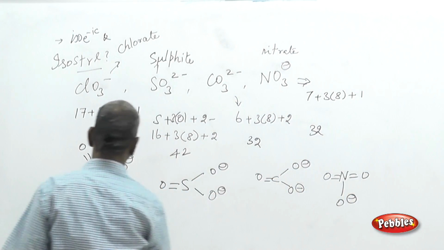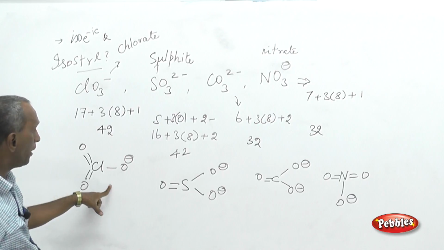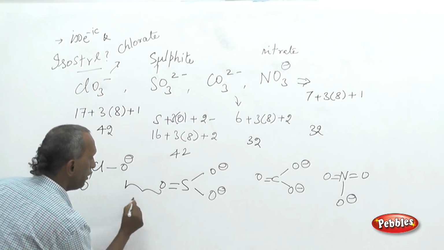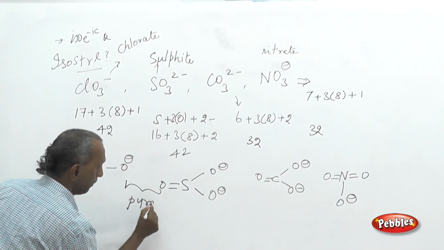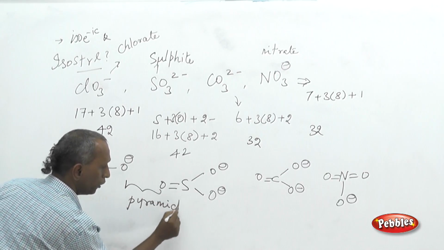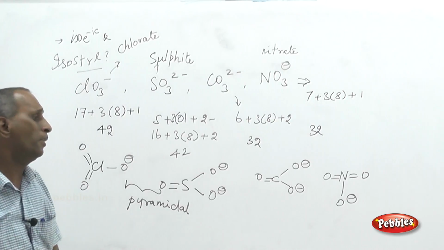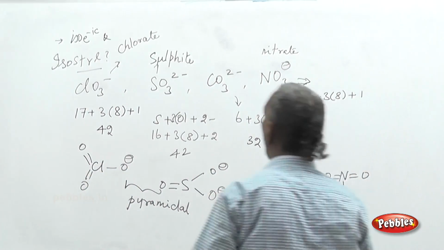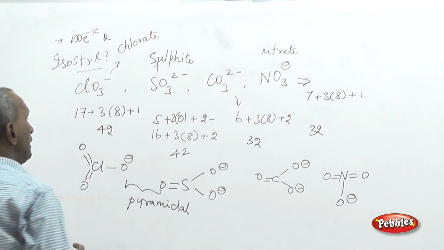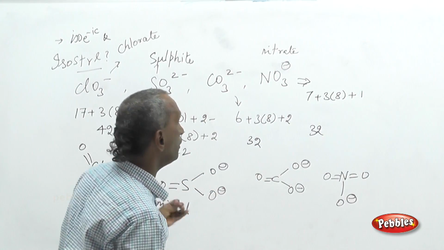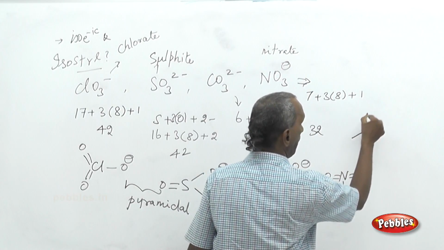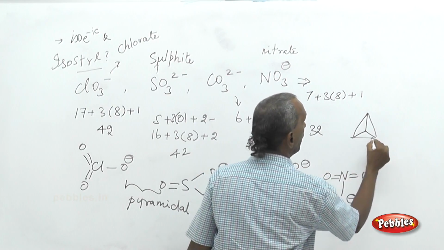Now these are of similar pattern. These two, chlorate anion and sulfite anion, will be of pyramidal shape. So we have to distinguish between pyramid and tetrahedron.